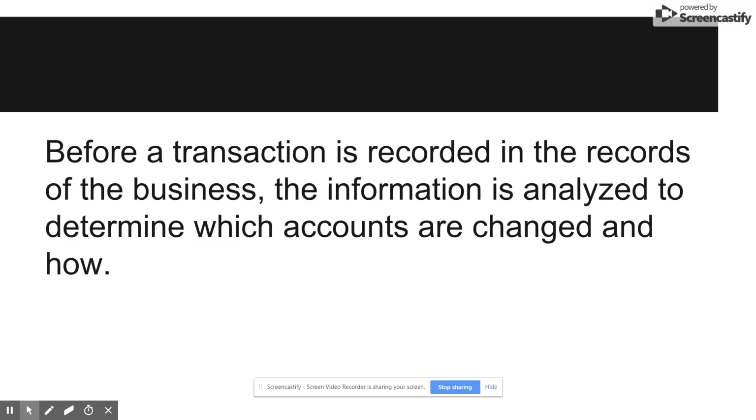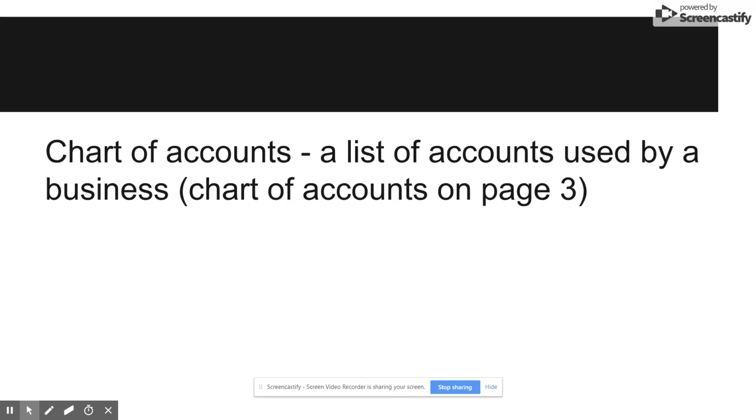So before a transaction is recorded in the business or in the general journal, the information is analyzed and determined what is going to be debited and what is going to be credited. So usually you're going to have a chart of accounts, and if you look on page 3 in the textbooks, there will be an example of what a chart of accounts looks like.